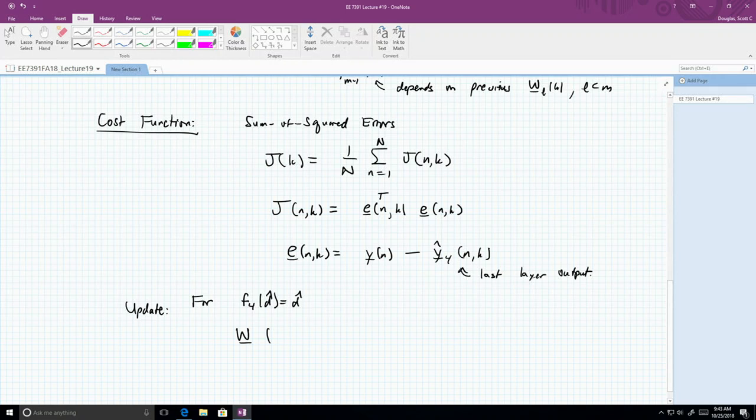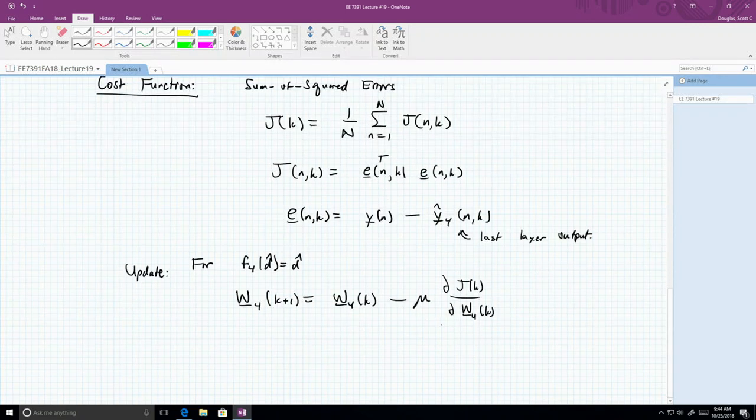Then we had worked out, in that context, what it was going to be: W4 of k plus 1 gets W4 of k, minus some mu times the derivative of J with respect to W4 of k.